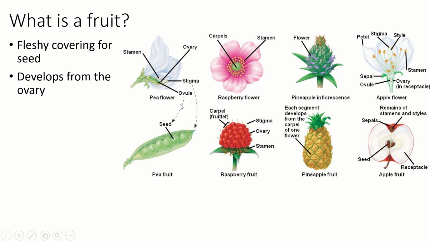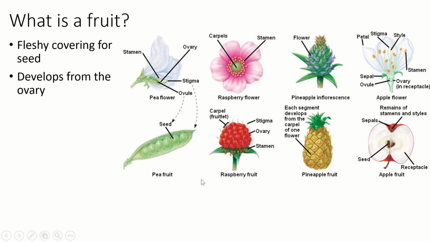Now, not all of the fruits are really, really fleshy. In peas and beans, the pod, the pea pod or the seed pod, is the fruit, and it can have multiple seeds inside. So the peas or the beans are the seeds.